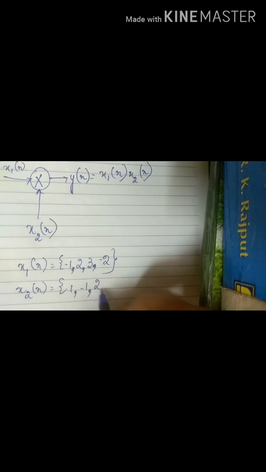So if the sequence of x1(n) is equal to, let us say, -1, 2, 3, -2, and the sequence for the signal x2(n) is equal to 1, -1, 2, and 1, then the new signal y(n) will be the multiplication of the corresponding samples.